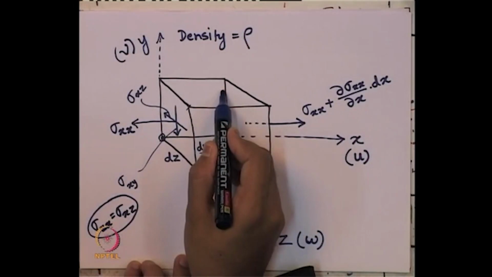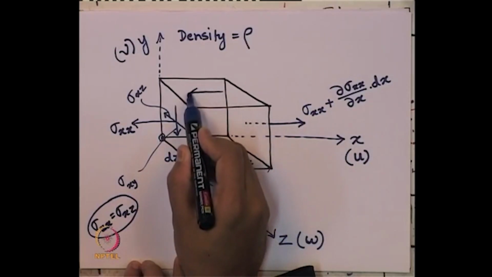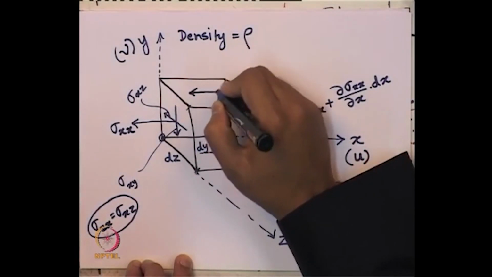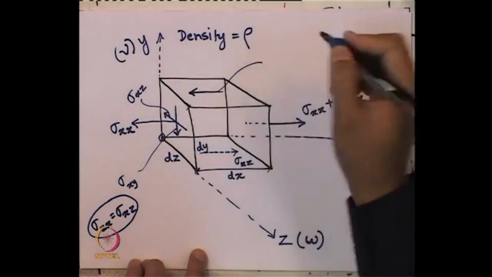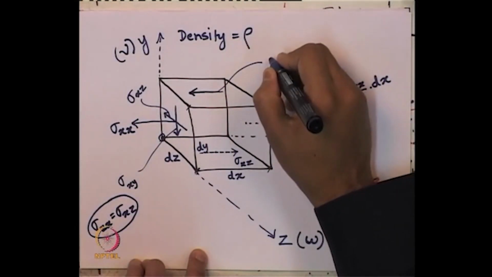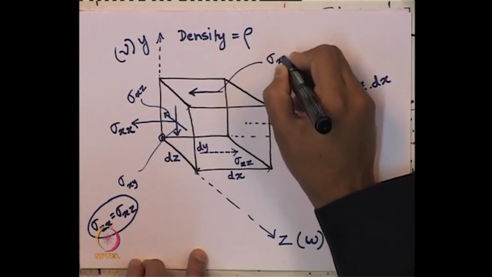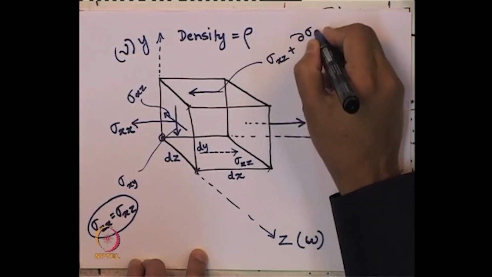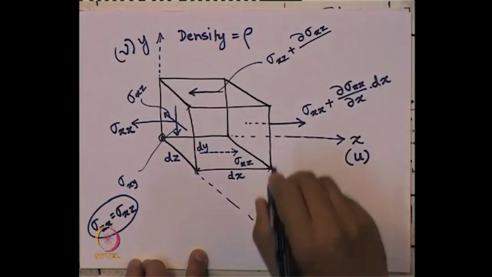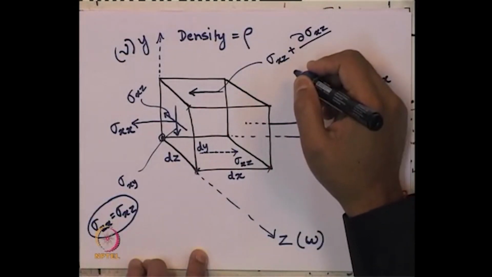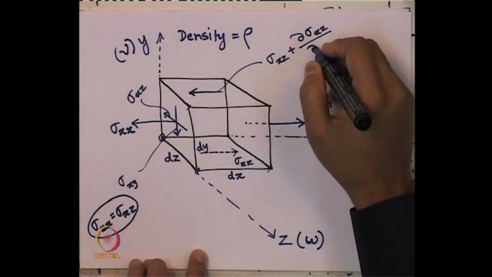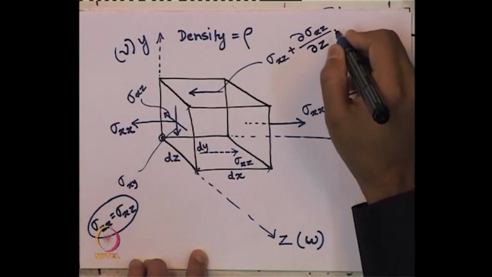There will be on this face, in the opposite direction, this should be sigma x z plus del sigma x z changing over the distance of y.